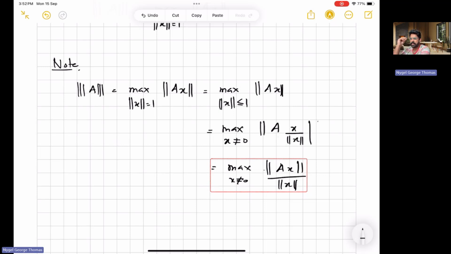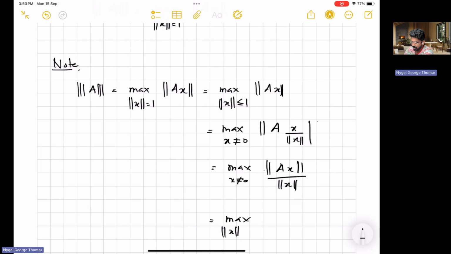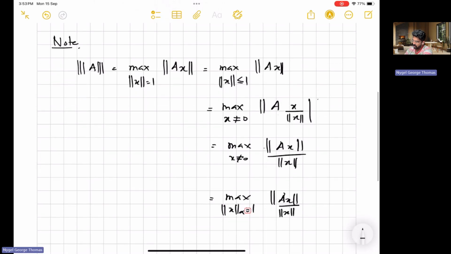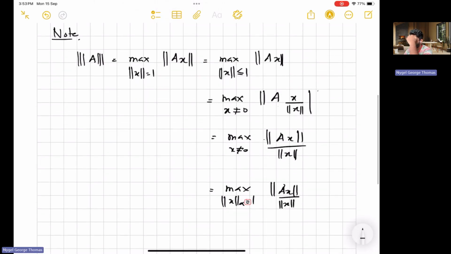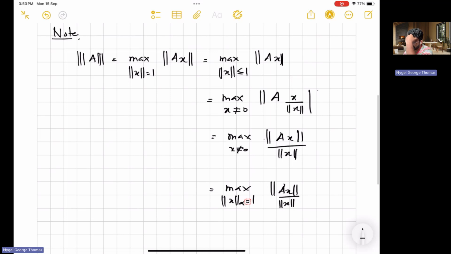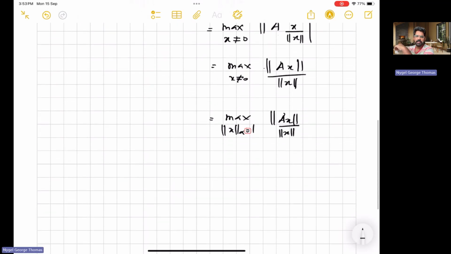Even if we assume convergence in one norm, it will converge in terms of another norm. So this is max over norm of x, alpha, equal to 1 of Ax by x. I'm not sure how frequently we'll be using this definition, but I think all these definitions are valid for a matrix norm.